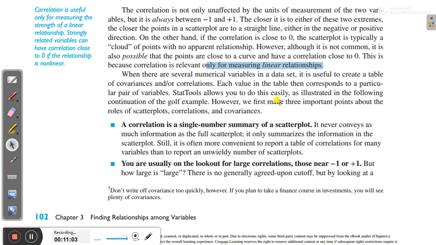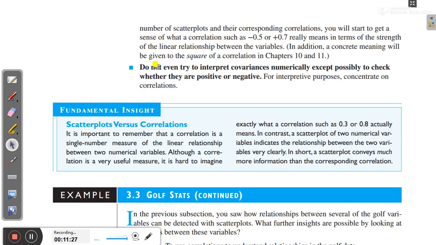So here you can see we first make three important points about the roles of scatter plot, correlation and covariance. A correlation is a single number summary of a plot, and you are usually on the lookout for large correlation, those near to -1 or +1. But how large is large? That is a very good question. And third is, do not even try to interpret covariances numerically, except possibly to check whether they are positive or negative.